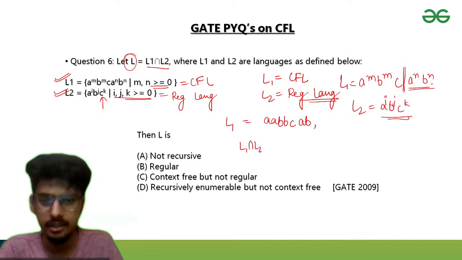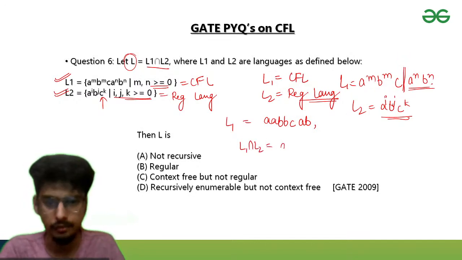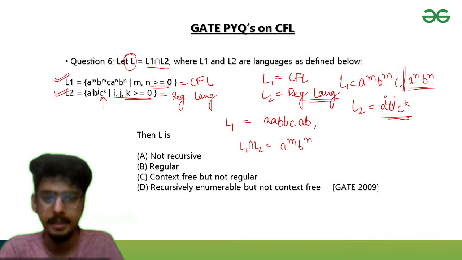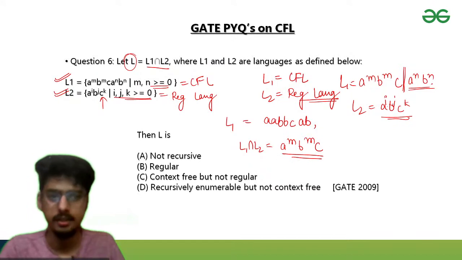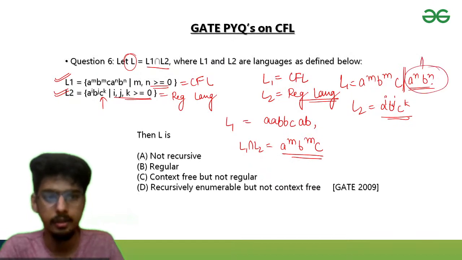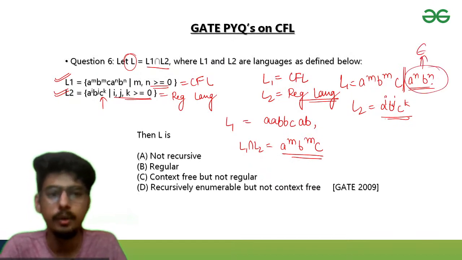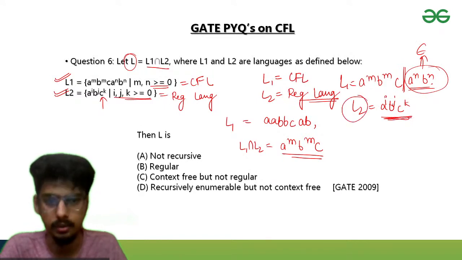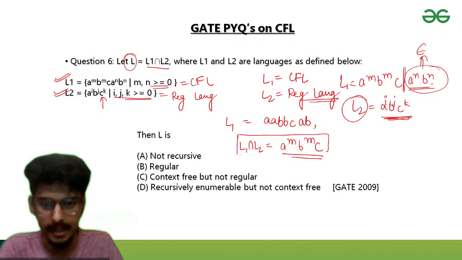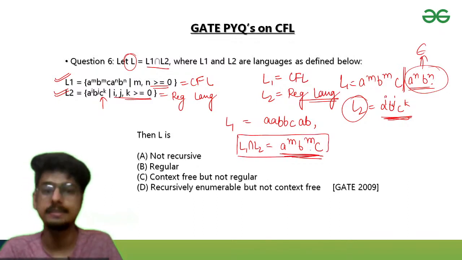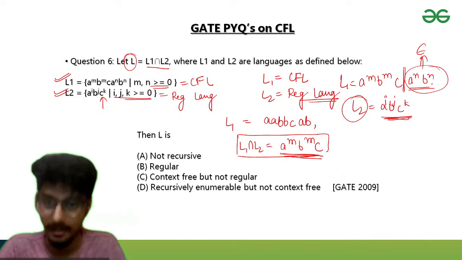L1 intersection L2 will have strings of the form a^m b^m c till this part only, right? And after that this will be epsilon, because if it is not epsilon, you will not have that string in L2. So this is the intersecting language, L1 intersection L2, and this is definitely a context free language.